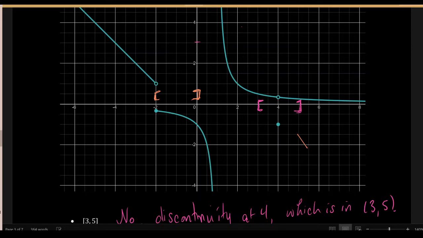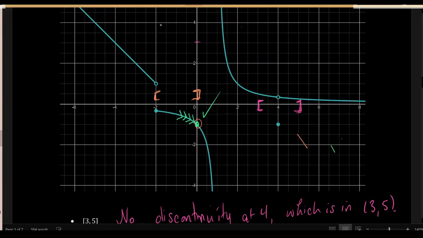For example, I might focus my attention at what's happening at the right endpoint. So I'm going to approach the right endpoint, starting from inside the closed interval. And those green chevrons are pointing to a location on the graph where there are no holes. So the limit as I approach that location from inside the interval is a match to the function's actual value at that endpoint. So far, so good.